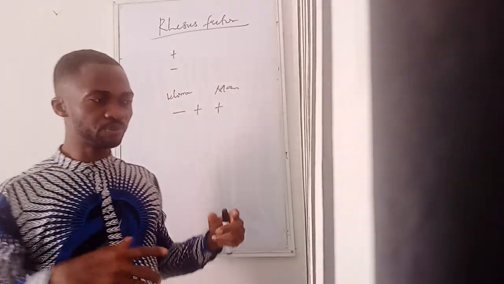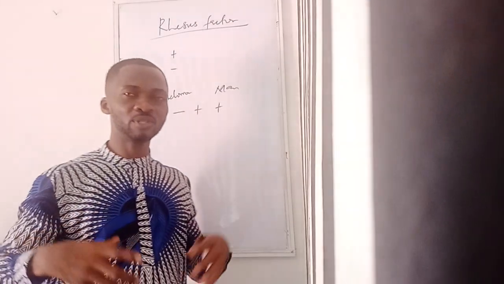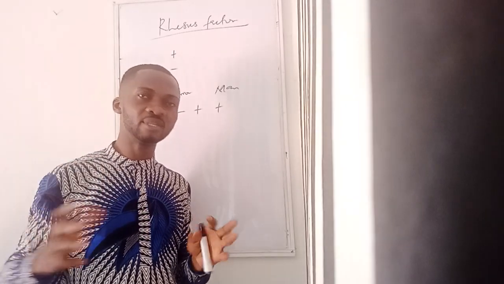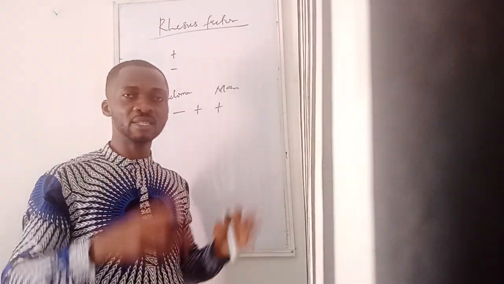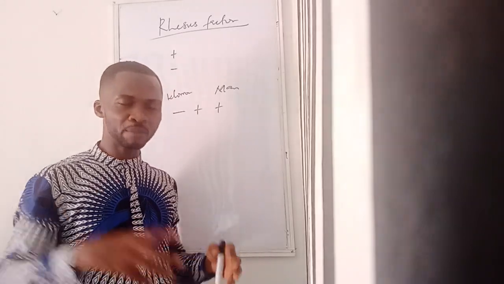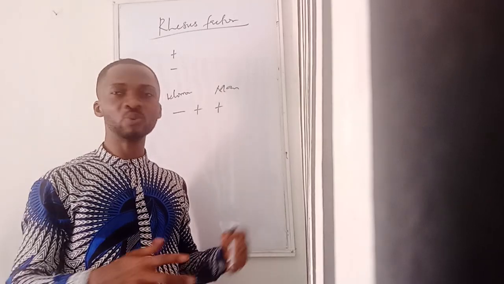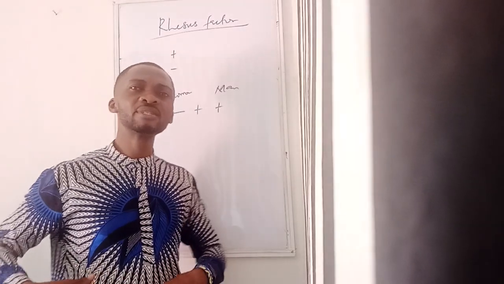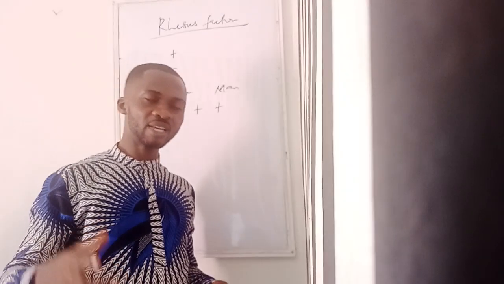But because of how fast the child comes out, the hemolytic disease does not really occur during the birth of the first child. But then the mom becomes immunized. That means she is now equipped with these positive antigens, and they remain in her bloodstream until she conceives again and is about to give birth.